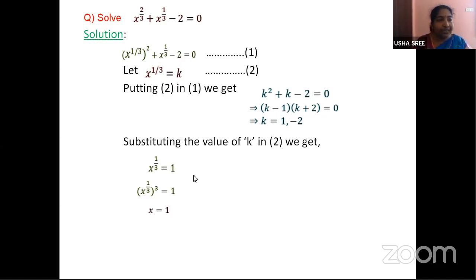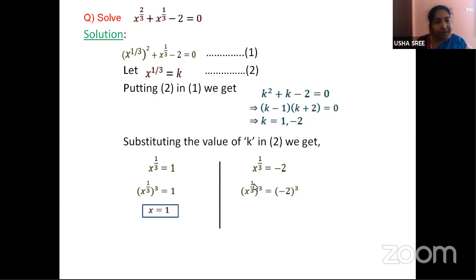Hope you got it. Then we will go for substitution of k is equal to minus 2. When you do that, x power 1 by 3 is equal to minus 2 you are getting. Then here again, since the denominator of your fractional power is 3, just to cancel this 3, we will take cubing on both sides.